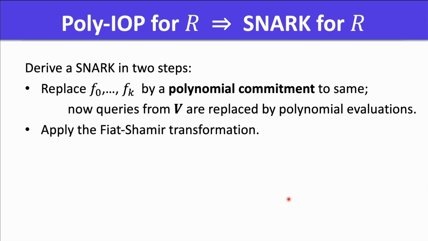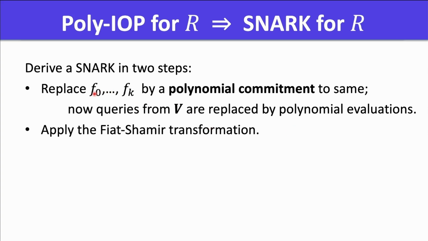So just as in the BCIKS compiler, we do this in two steps. The first step is we replace the polynomials sent by the prover by a polynomial commitment to the same polynomials. We talked about polynomial commitment schemes in the previous season of the Whiteboard sessions, but fundamentally a polynomial commitment scheme allows you to commit to a polynomial, and later on the verifier can ask you to evaluate the committed polynomial at a given point x, and you can prove that the committed polynomial evaluates to y at the given point x.